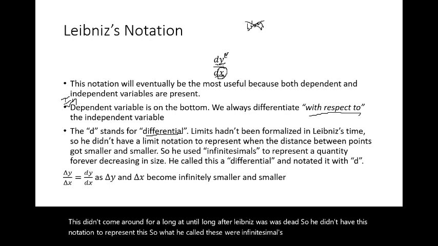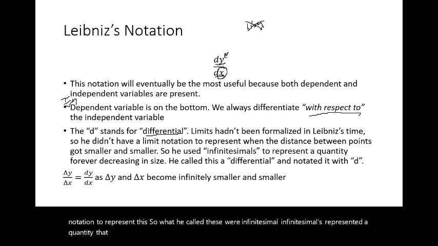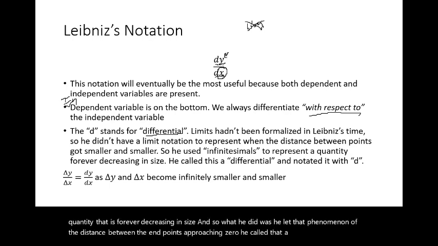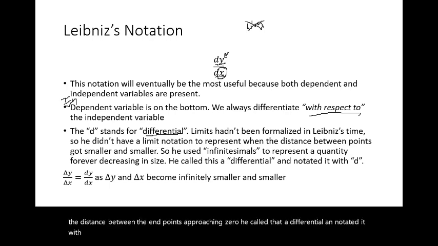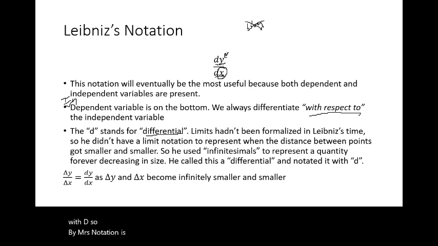Infinitesimals represented a quantity that is forever decreasing in size. And so what he did was he let that phenomenon of the distance between the endpoints approaching zero, he called that a differential and notated it with d. So Leibniz's notation is actually based on the slope formula on which our limit definition as we know it today is also based.